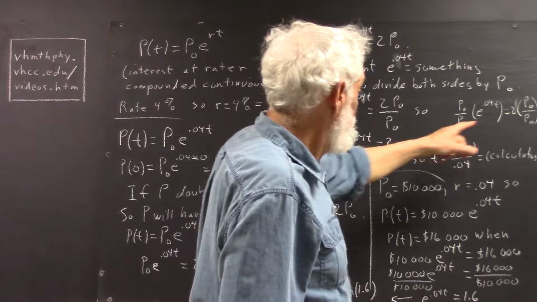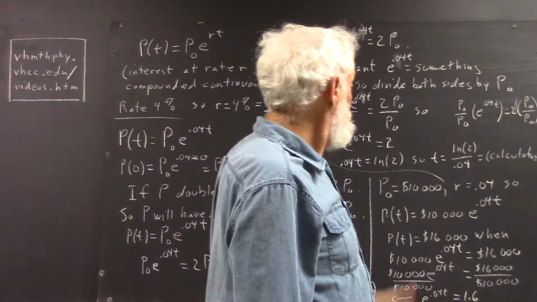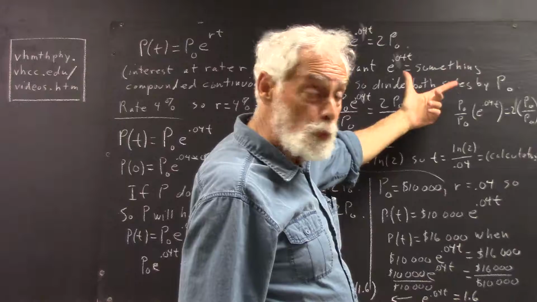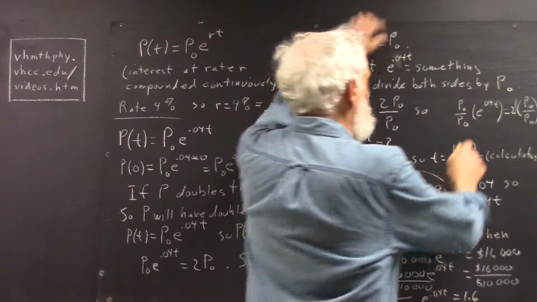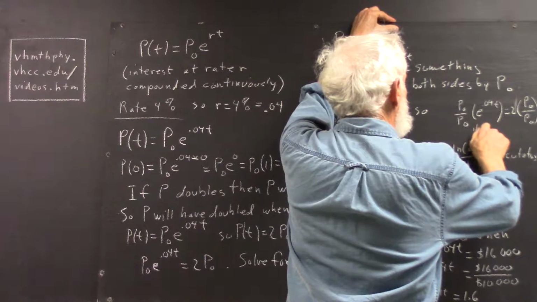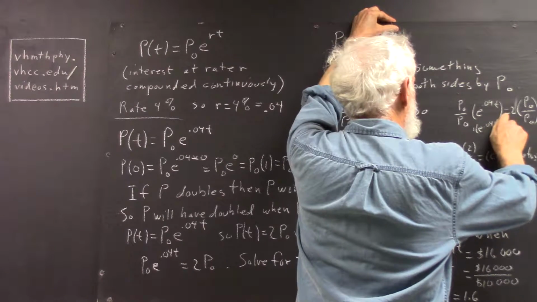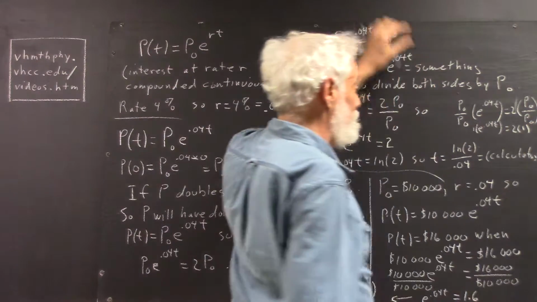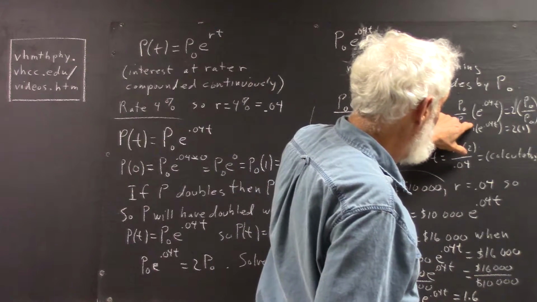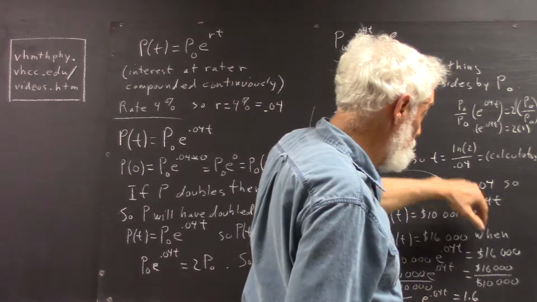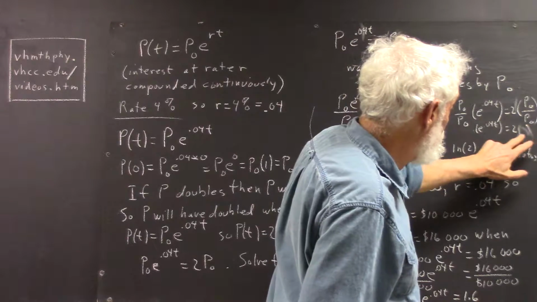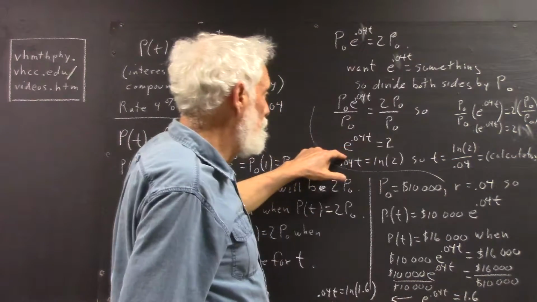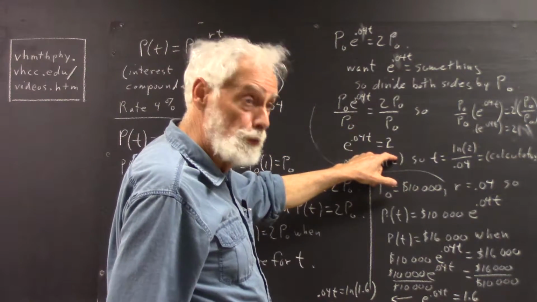This equation says the same thing. P naught divided by p naught is 1, so that's 1 times e to the 0.04t equals 2 times 1. And of course, 1 times e to the 0.04t is just e to the 0.04t, and 2 times 1 is just 2. And we get e to the 0.04t equals 2.